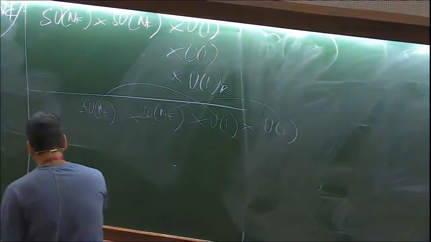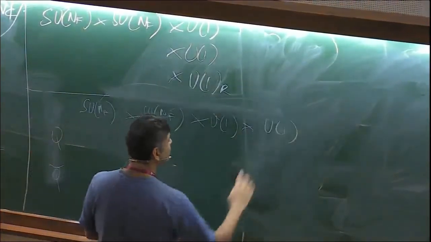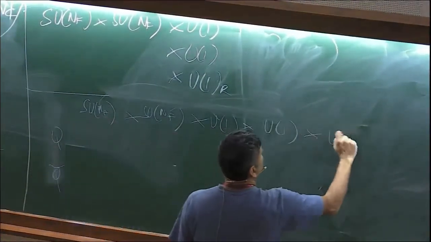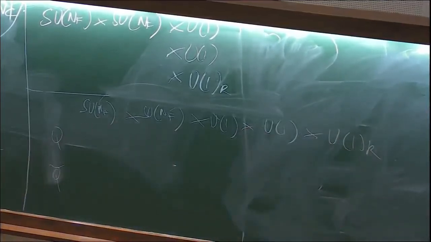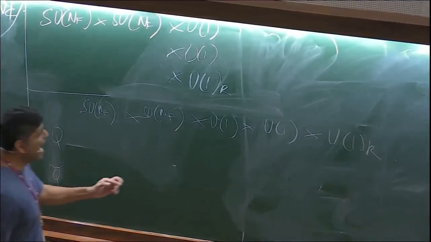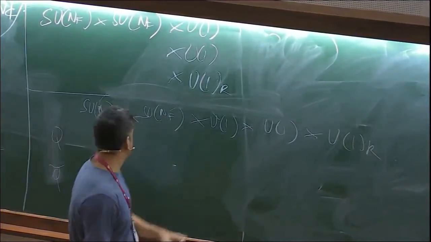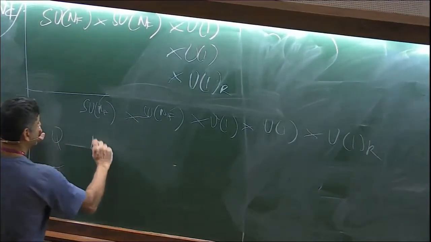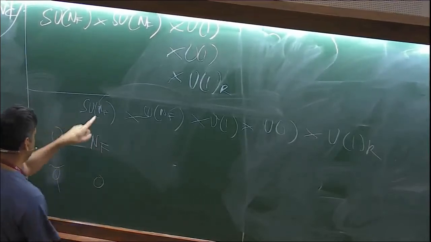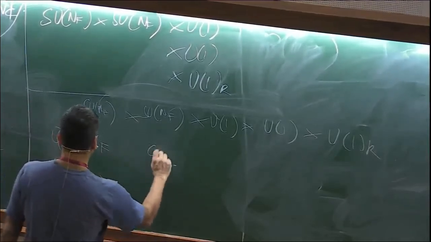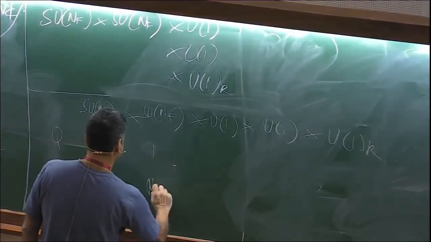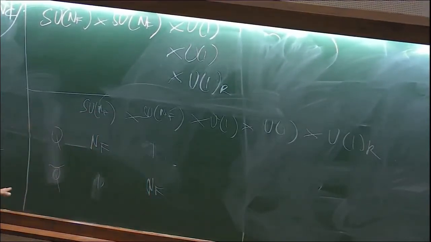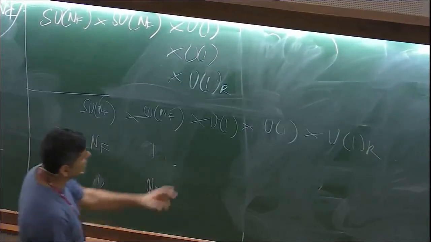Oh no, maybe I'll make linear combinations of these. So you'll see from the charges. Times U(1)_R. Now, I'll choose so this one is in the N_F of this and in the 0 of this. This one, of course, is 0, meaning 1. This one is in the 1 of this and the N_F of this. That's obvious, right?